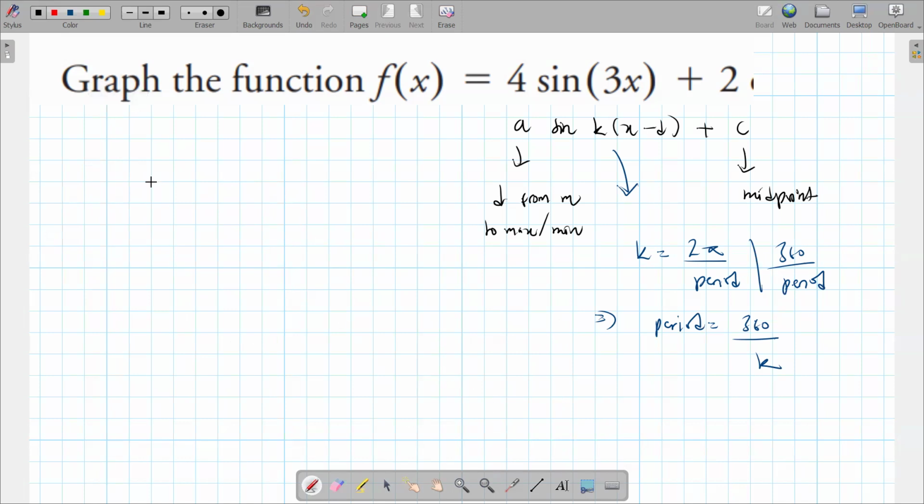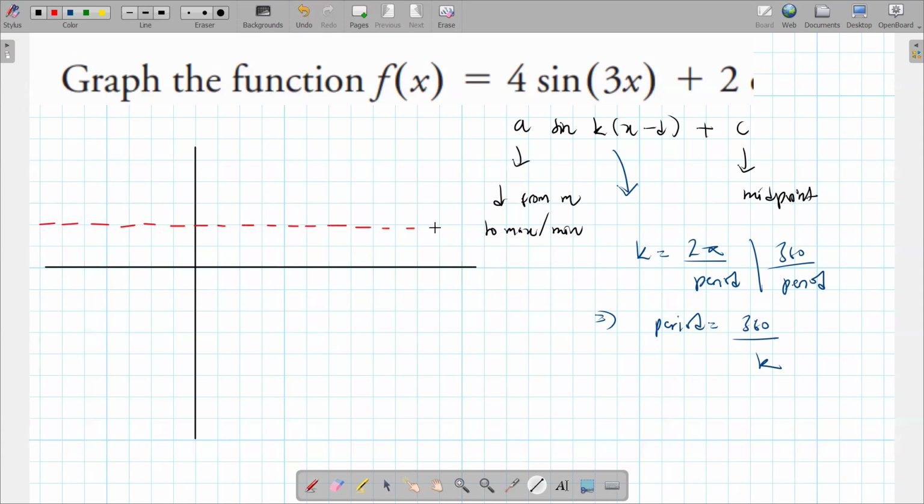What's the midpoint? 2. And draw better curves. The midpoint is 2. So when you're sketching a question like this, always start at the midpoint because it makes your life super easy. So at 2, we have our midpoint. What's my maximum value? What's my minimum value? Remember, A is 4.